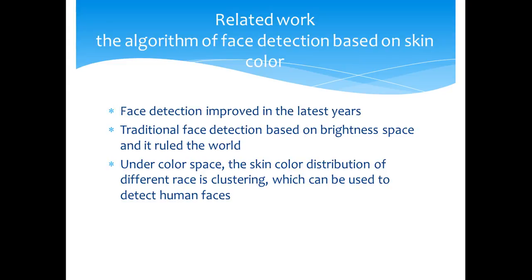The most traditional face detection is based on brightness space, and it ruled the field. So in this project, they focus on using color space. The skin color distribution of different races is clustered, which can be used to detect human faces.